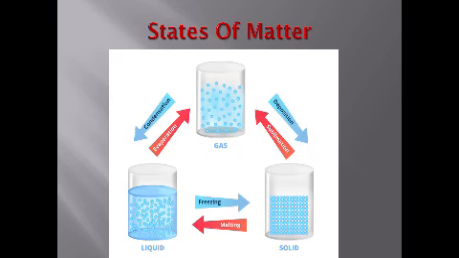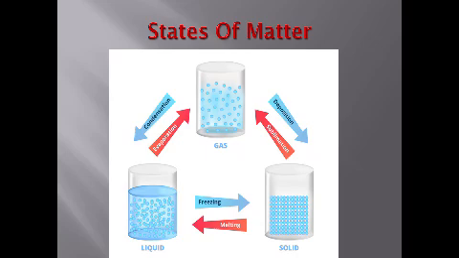So if any solid converts into liquid, the process is known as melting, and if any liquid converts into a solid, it is known as freezing. The simple example of solid to liquid and liquid to solid is ice to water and water to ice.